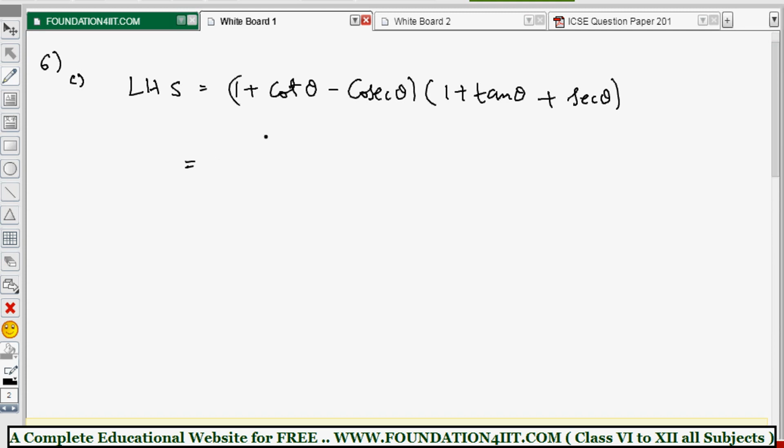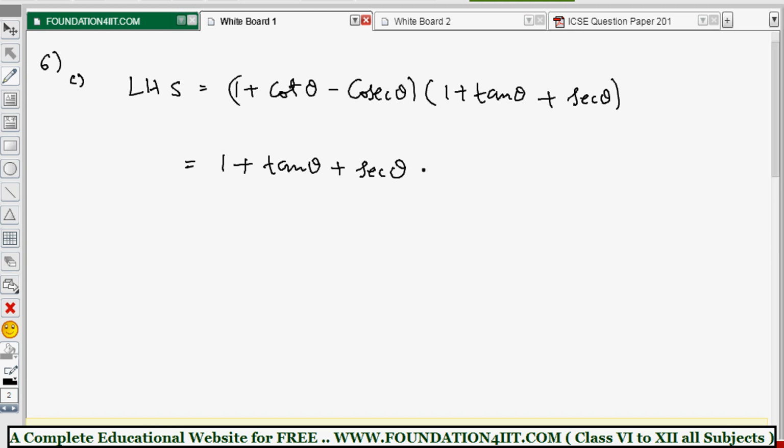The easy one you will do: first you will multiply each and everything. So with 1 you will multiply these three, with cot and with cosec. 1 into 1 is 1, 1 into tan, so tan θ plus sec θ.